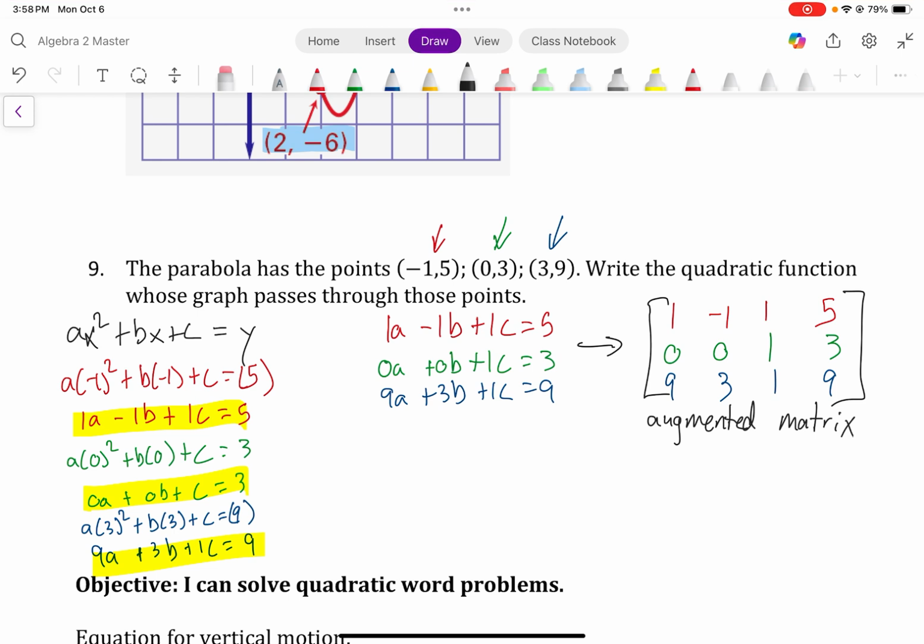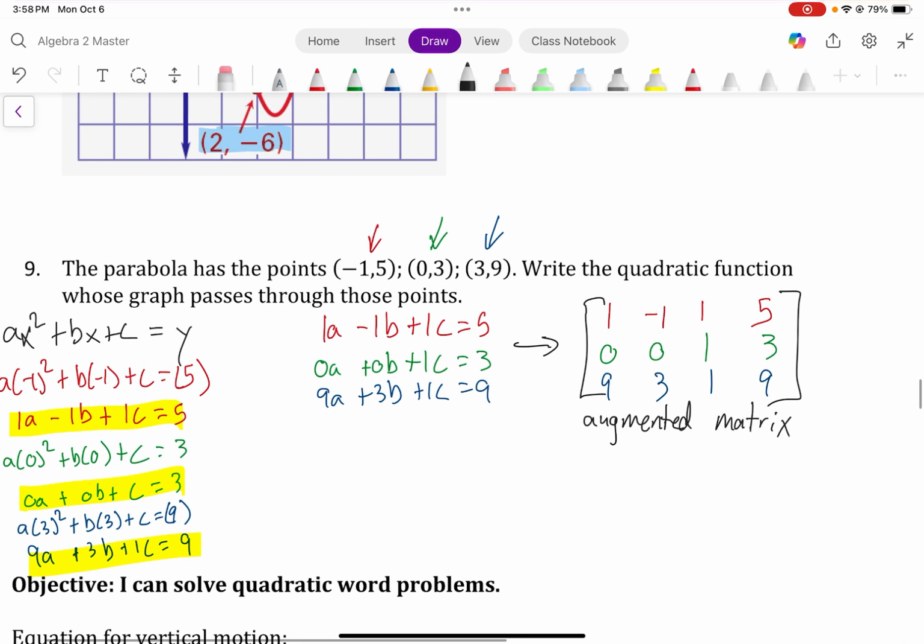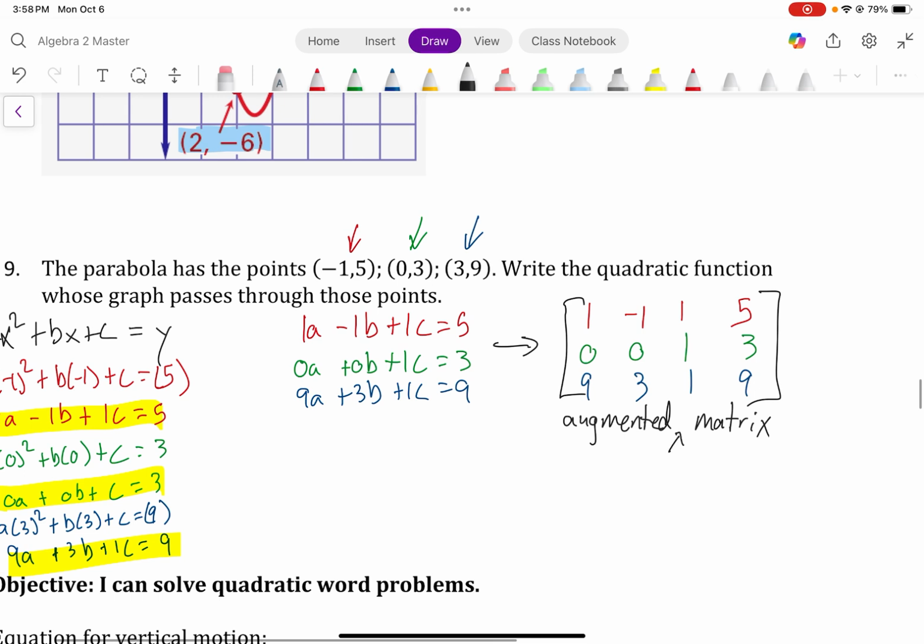This is what I want to put in my calculator. So I again go to second matrix, over to edit whichever matrix I want. I'm going to use A. This is a 3x4 matrix. Remember, I have to set this up as a 3x4 matrix, 3 rows, 4 columns. I type in all my numbers, make sure I use my negative signs.